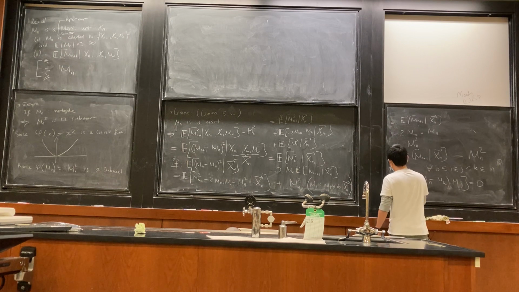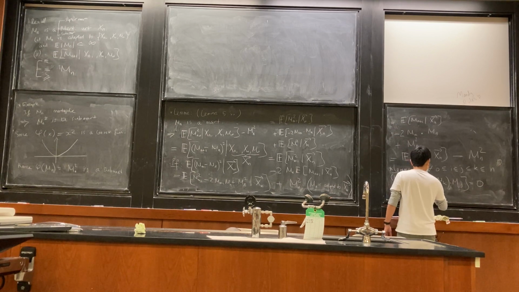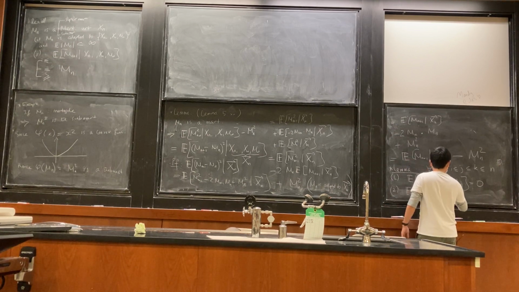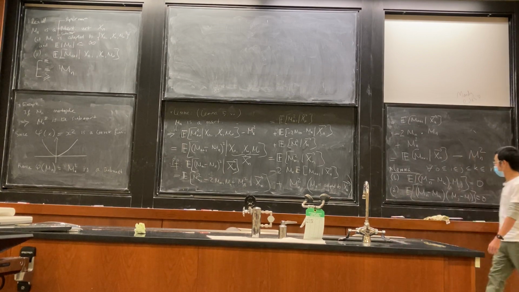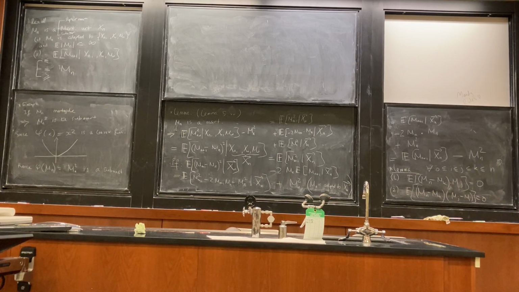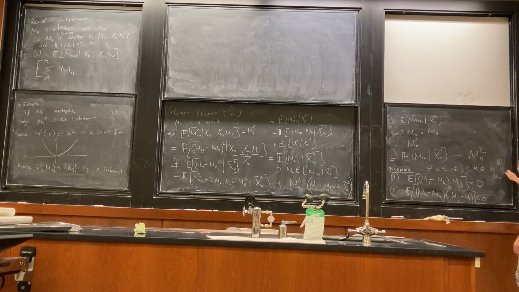As a consequence, we have a probability increment, namely Mn minus Mk multiplied with Mj minus Mi is identically zero. Again, Mn is a martingale.